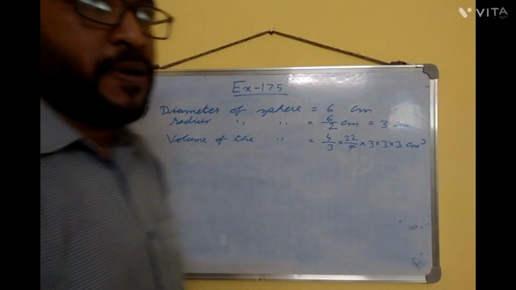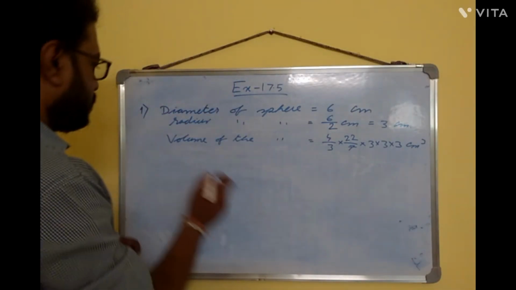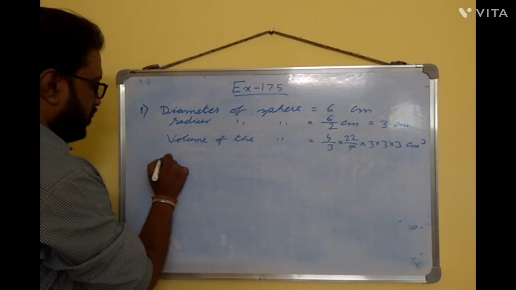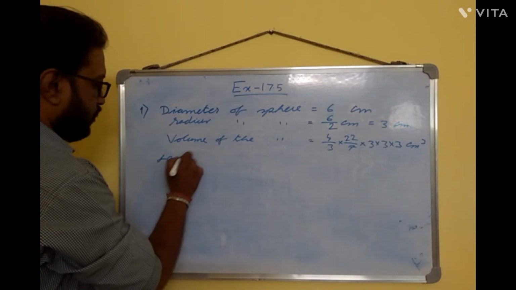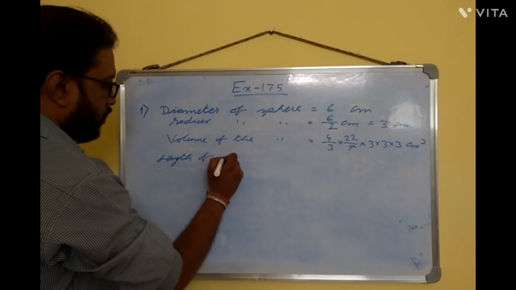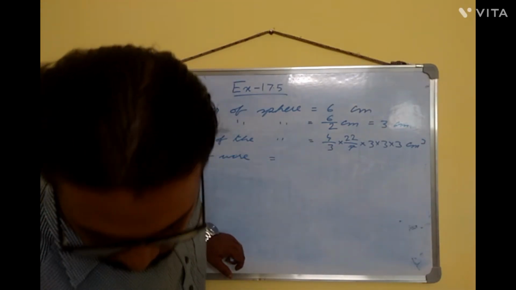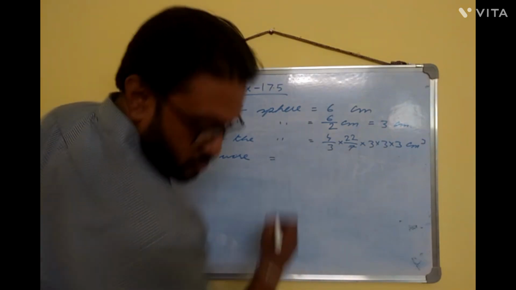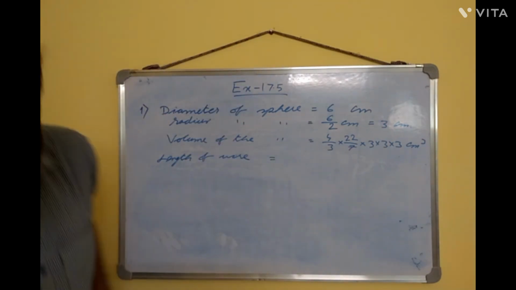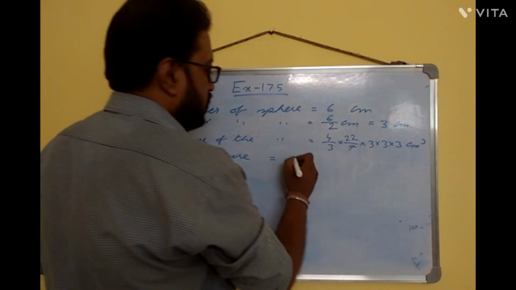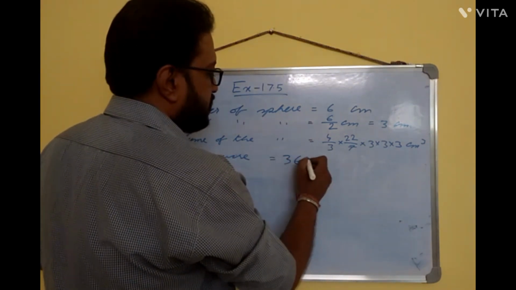Now coming to the wire. Length of wire equal to 36 meter. It is 36 meter given. So obviously I shall convert it into centimeter.